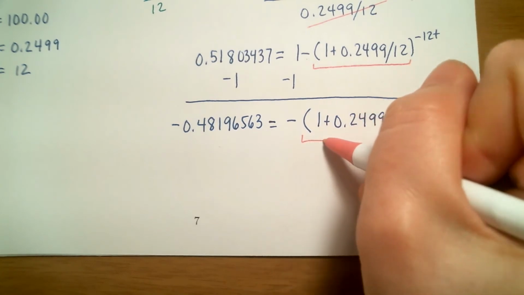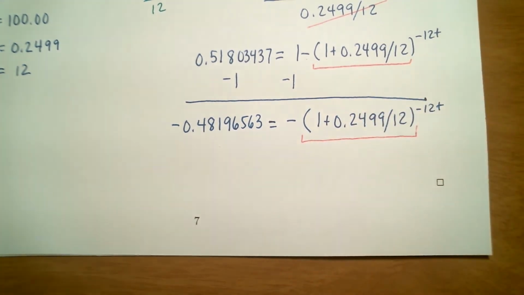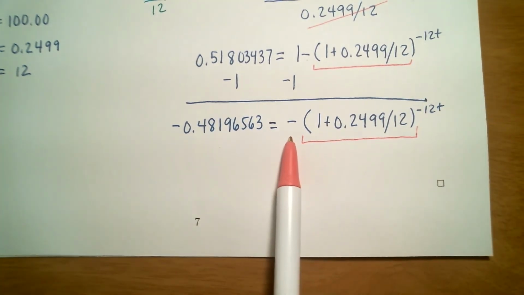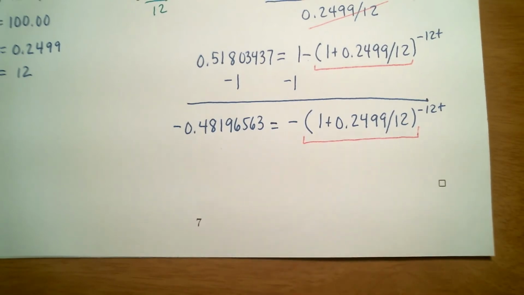You want this guy. There is a negative in front. You've got to get rid of it. We know that eventually we're going to have to take the logarithm to get the t out of the exponent. I don't know how much experience you have with logarithms, but you cannot take the logarithm of something negative. So you have to remove that negative sign before you can take the logarithm.